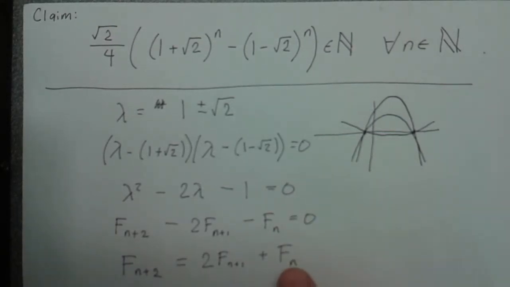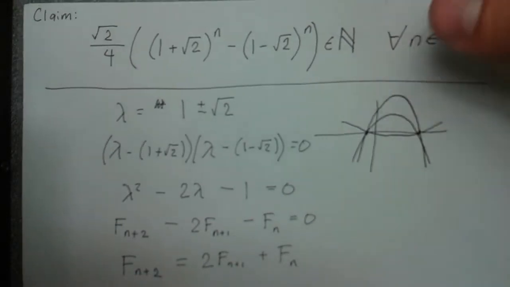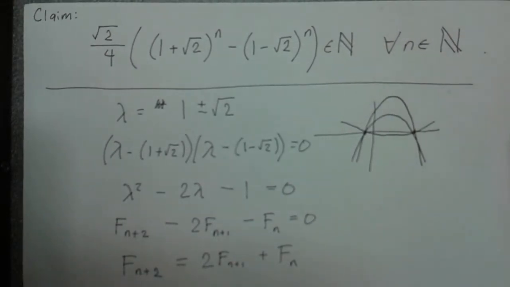So that means if f(n) and f(n+1) are both positive integers, then f(n+2) must also be a positive integer, because you add a positive integer to another positive integer and you get a positive integer. So then all you have to do is find out what initial values this thing would have.